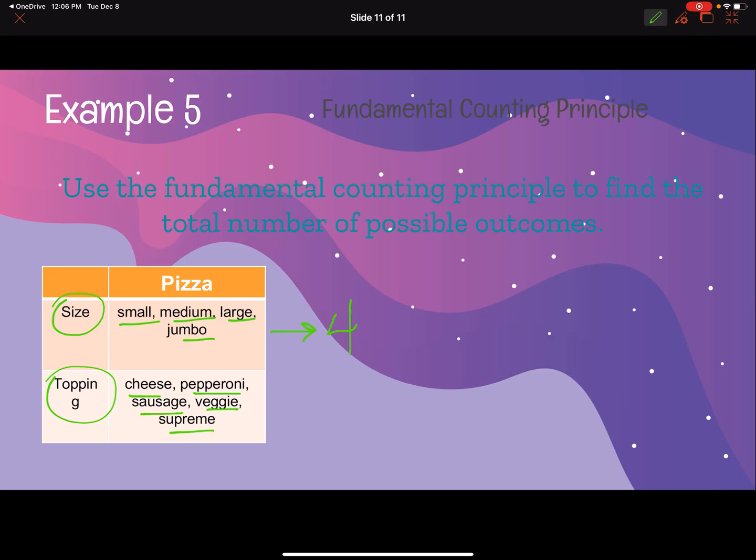So my number of toppings is 5. So if I take 4 times 5, the total number of possible outcomes would be 20. So that's applying the fundamental counting principle to find the total number of possible outcomes. You take the number of choices and you multiply them.